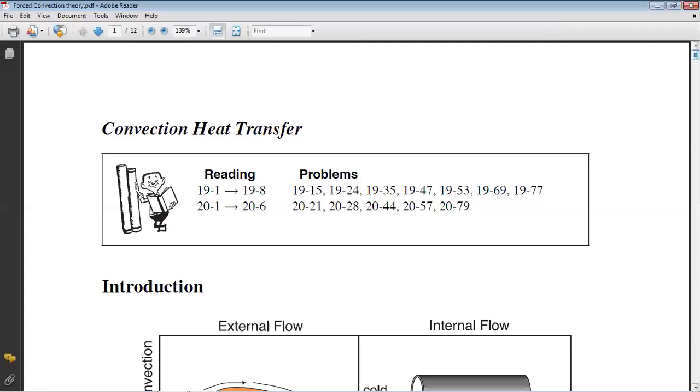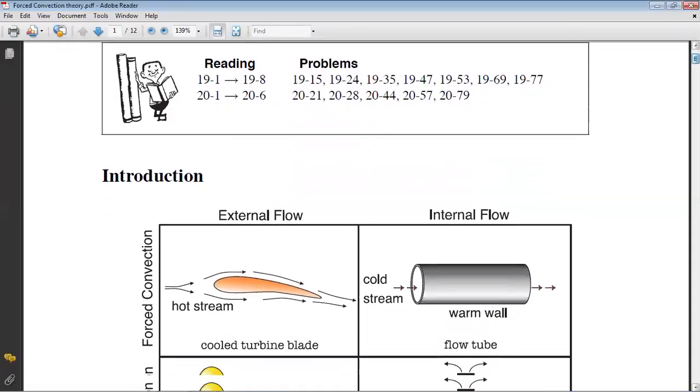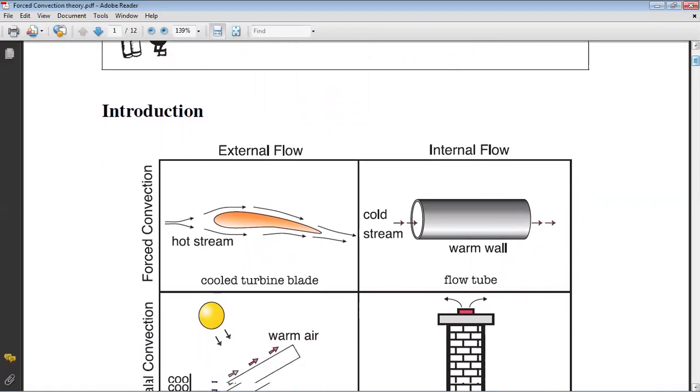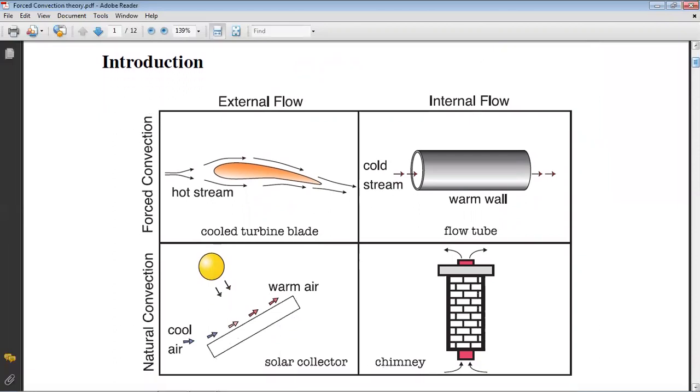The name itself indicates, in case of forced convection, the heat transfer is supported by an external agent like pump, blower, fan, etc. Whereas in case of natural convection, the transport phenomena occurs because of change in density.